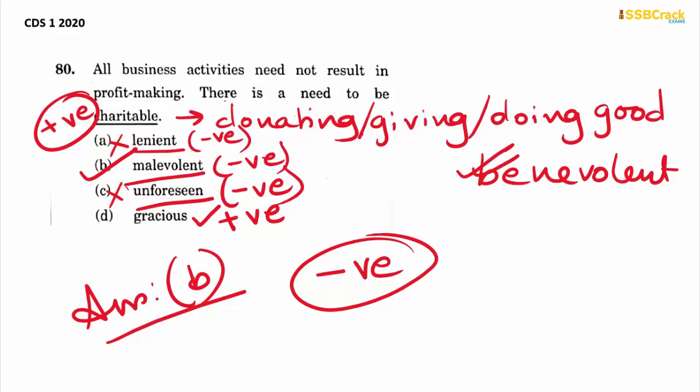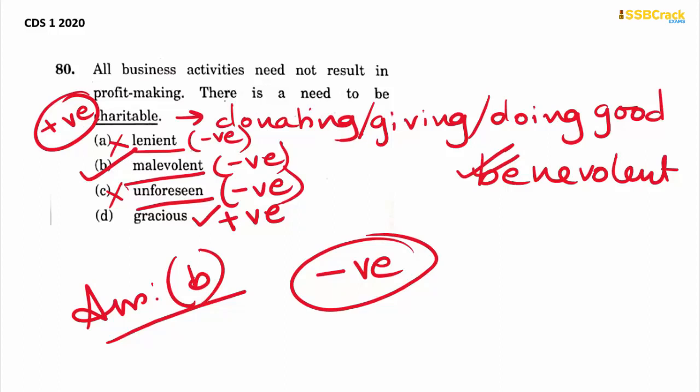Now you see here, this year's CDS 1 2020 English paper consisted of 10 questions, 71 to 80 in set A of the question paper, 10 questions from the antonym section. Sometimes it may or may not vary. So on average, 10 questions can come in your CDS exam. So if you're preparing for your CDS exam, be very careful, start practicing questions, alright?